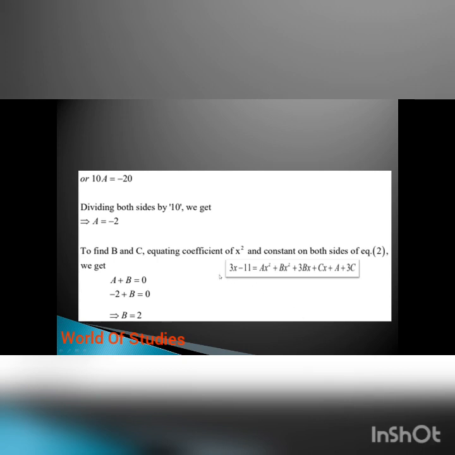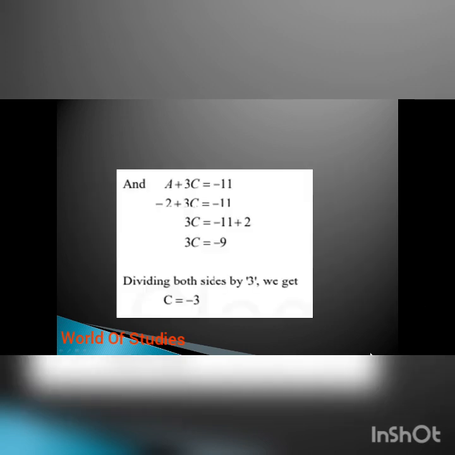Now to find the value of c, we have to equate the constant terms on both sides of equation 2. The constant terms give a plus 3c is equal to minus 11. By putting a is equal to minus 2, we get the value of c, which is equal to minus 3.